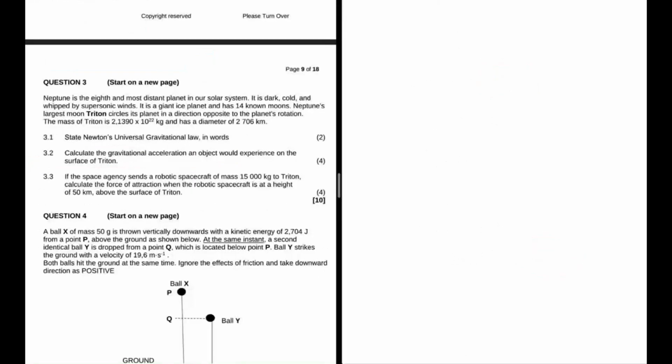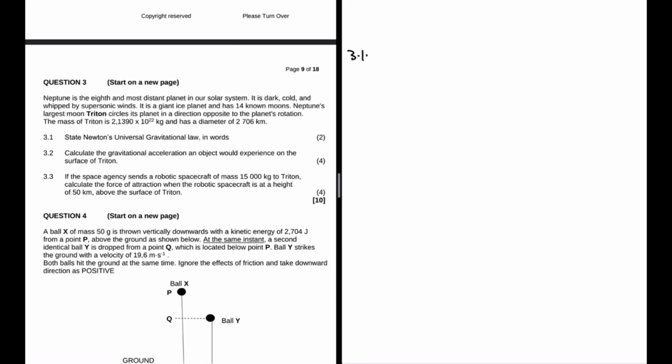Moons. Neptune's largest moon, Triton, circles its planet in a direction opposite to the planet's rotation. The mass of Triton is 2.139 times 10 to the 22 kg, and it has a diameter of 2,706 kilometers. And then 3.1 says state Newton's universal gravitational law in words.